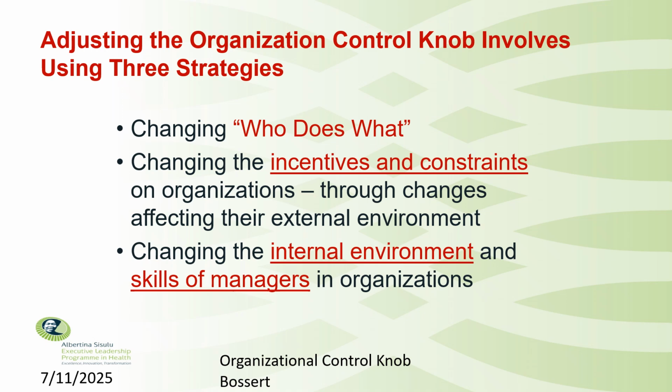And this could be through changes that are affecting their external environment. We should also look at changing the internal environment, as I mentioned earlier, at the micro level, in terms of the skills of managers and health workers in organizations. So we'll be going into all of these three areas in a little bit more detail in this presentation.